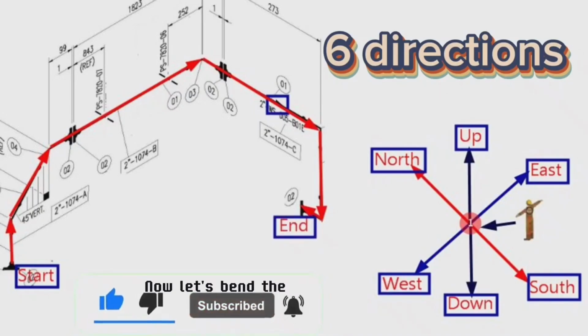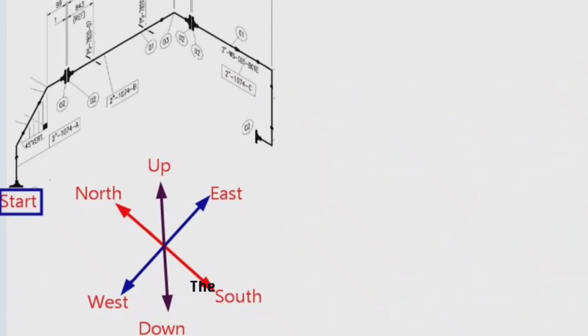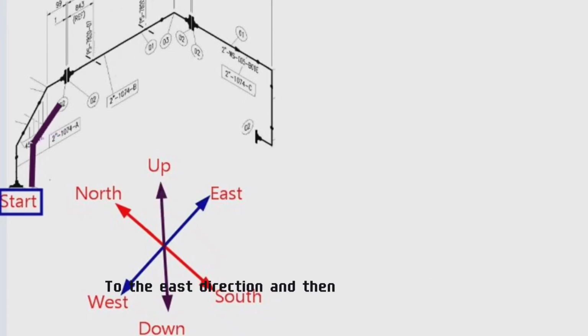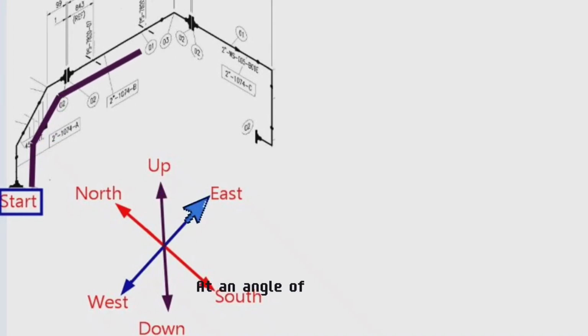Now let's bend the wire of this pipeline. The wire bending process is the same as the isometric reading process. We hold the wire in a vertical direction. Then we bend the wire at an angle of about 45 degrees to the east direction and then lift it up vertically. Here we bend the wire again to the east at an angle of 45 degrees.